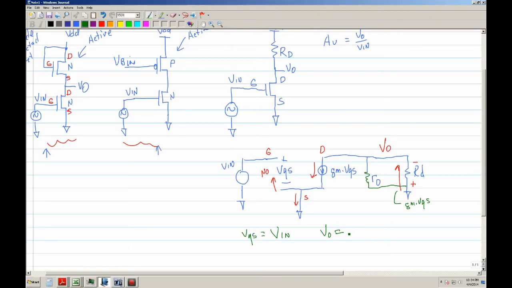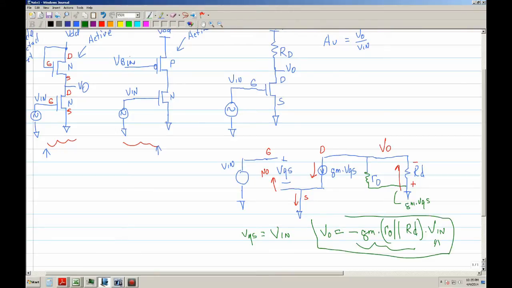So now you can write that it's negative because there's an inversion, and it's going to be gm times rout in parallel with RD, times VN. Remember, this term is the current, that's gm, and this is your VGS. And since VGS is VN, plug in there. So that's the gain.